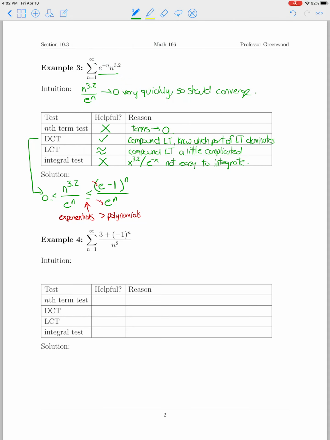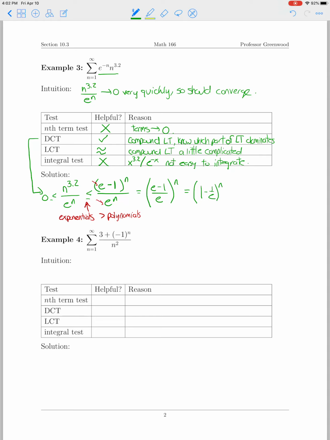Okay, and so once we have this, I can combine everything into one power. And so that'll be an e minus 1 over e raised to the n. And now if I simplify this by breaking up the numerator into two different fractions, then I'll get that this is 1 minus 1 over e to the n.